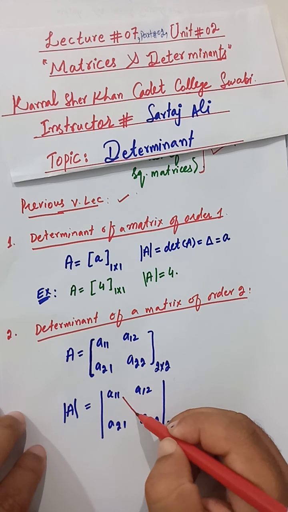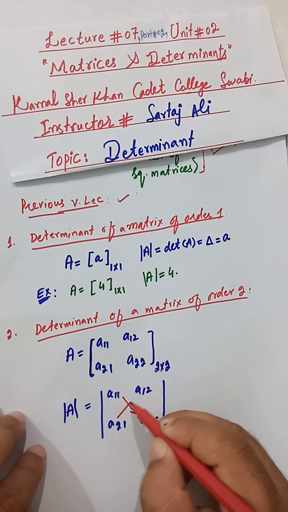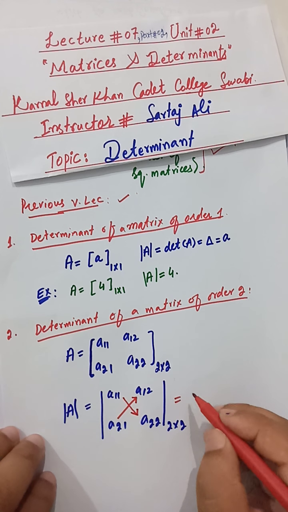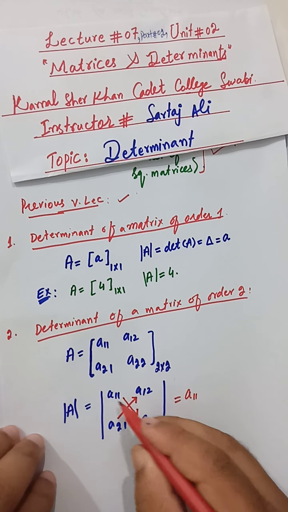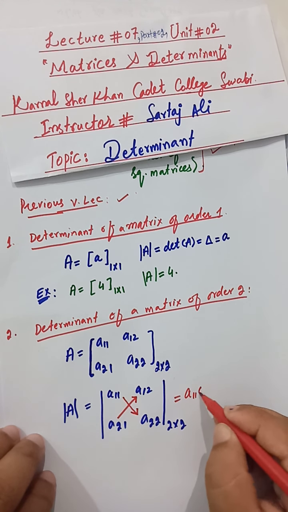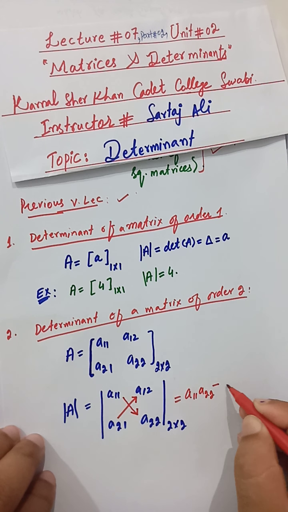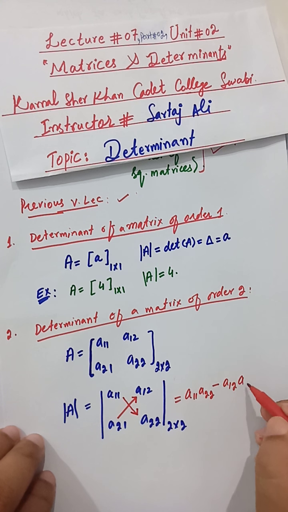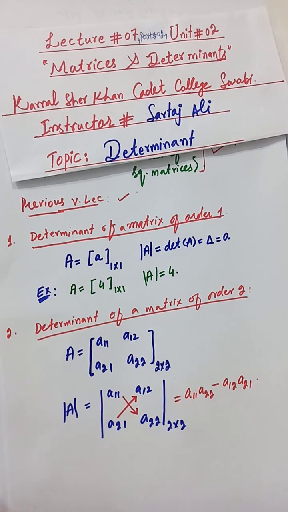So you will multiply the diagonal elements and non-diagonal elements, and there will be a difference between them. So A11 A22, the principal diagonal elements, minus the product of the non-principal diagonal elements. So this is the definition for the square matrix having order 2.